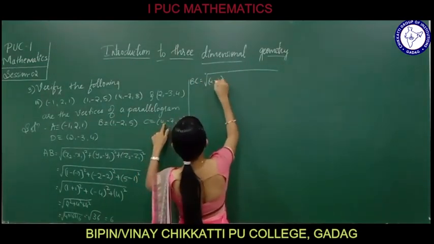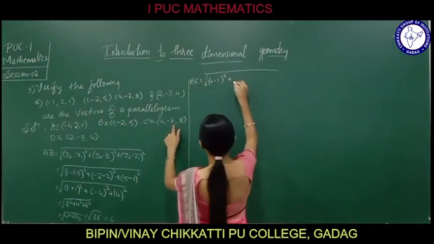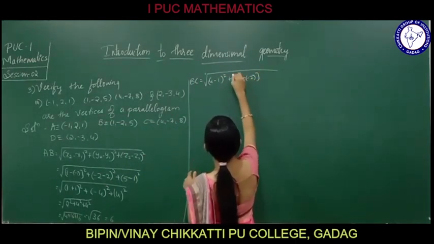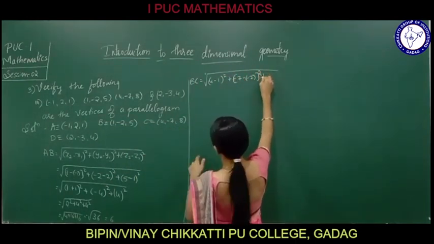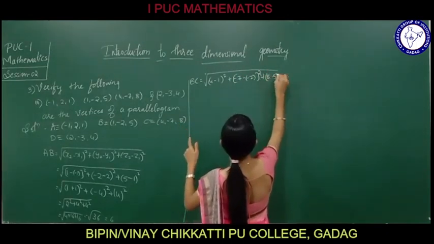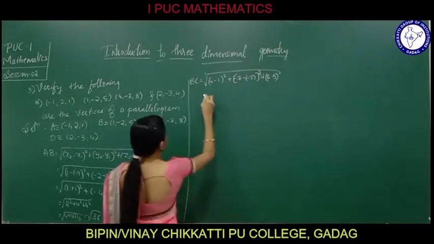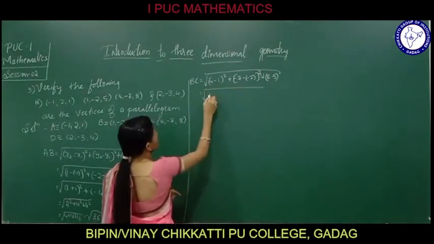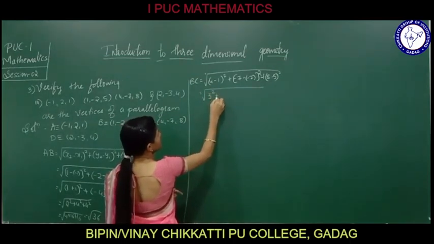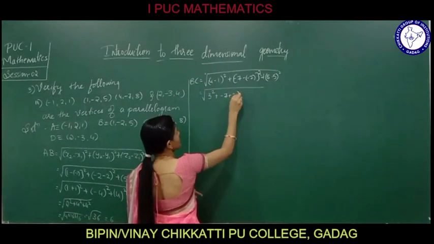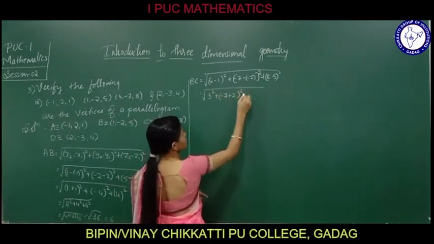4 minus 1 square plus minus 7 minus of minus 2 square plus I have 8 minus 5 square. How can I write this? Root of 3 square plus minus 7, minus into minus is plus, minus 7 plus 2 square.